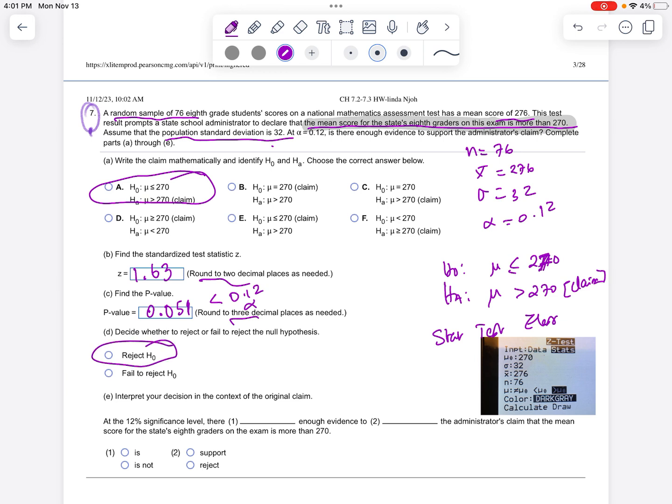At the 12% level there is enough evidence to support the claim. Remember, the claim was in the alternative, so if we reject the null, we are supporting the claim. All right. So this is part 1. In part 2, I'm continuing the exercise with you guys.